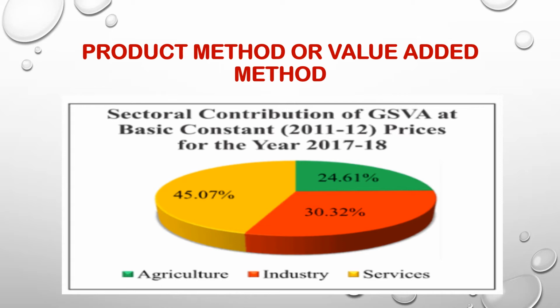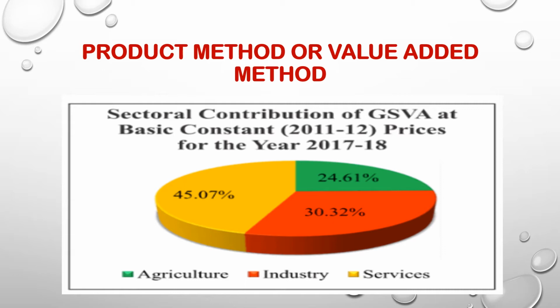So in 2017 to 18, if we consider the share of GDP, service sector contribution is highest according to the picture, and agricultural sector contribution is lowest, and the secondary sector, that means industrial sector or manufacturing sector, contribution is 30.32.